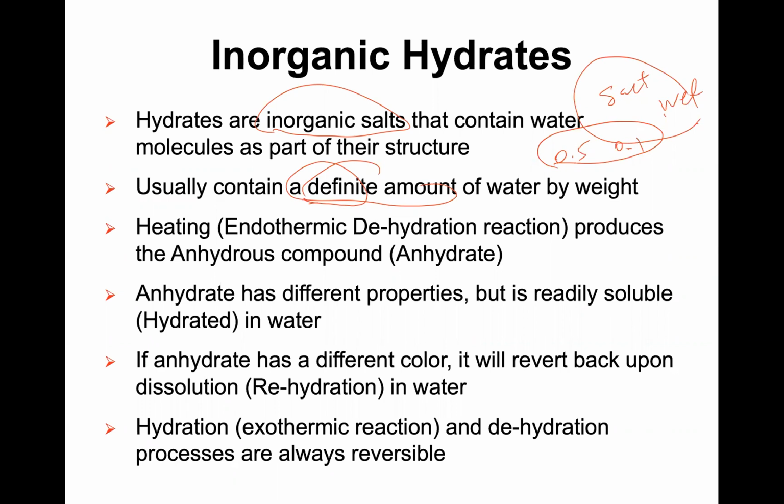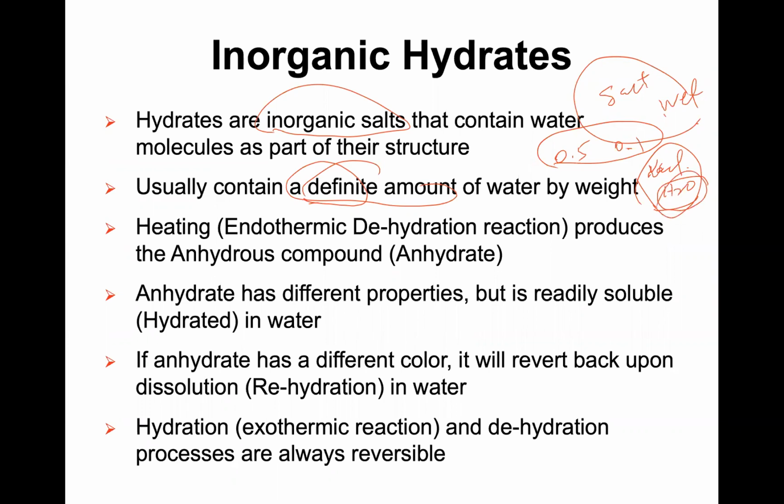For example, if you have sodium chloride mixed with water and leave it out at atmospheric pressure, the water will gradually dry, just like your clothes get wet and after a while get dry. So that water can be easily removed.